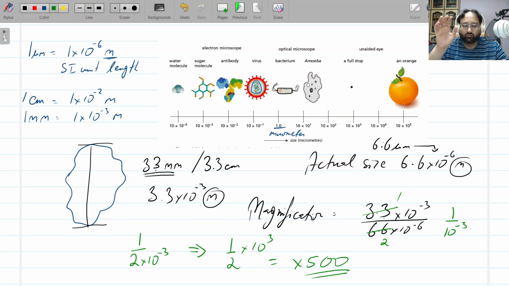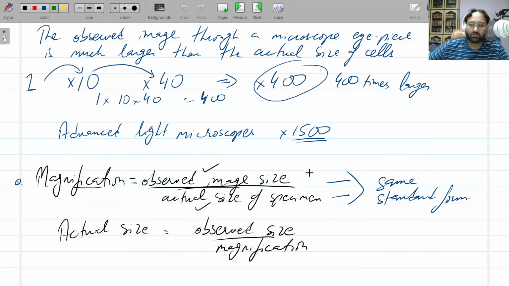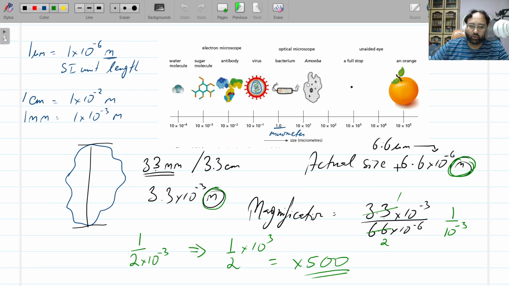The magnification questions in the paper are not super tricky. The only thing you need to keep in mind is that you need to keep them in the same unit or standard form. So you converted both of them into meters. You could have kept both in millimeters or converted into centimeters.